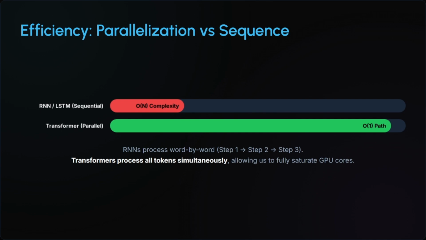Transformers are different. They are reading the entire page at once. This is called parallelism. Because they can process everything simultaneously, we can train them on massive GPUs, which is why LLMs have gotten so big and so fast.